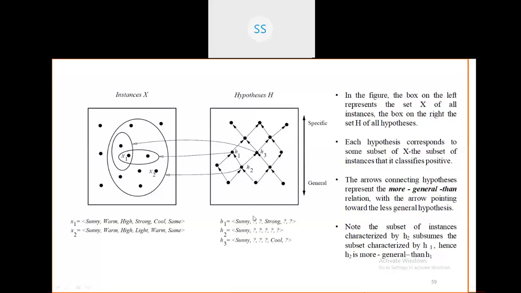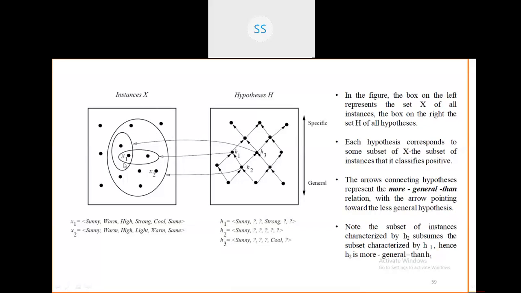So H2 seems to be more generic compared to H1 and H3. H1 and H3 are more specific, whereas H2 is treated as the more general hypothesis. Whatever instances are marked as positive by H1 as well as H3 are marked as positive by H2 as well.